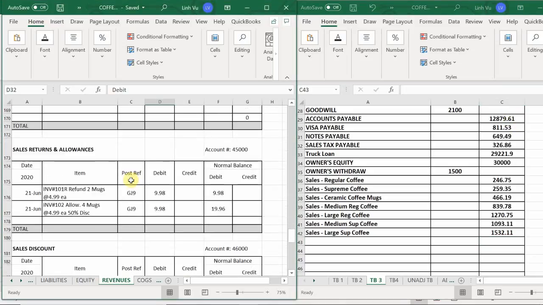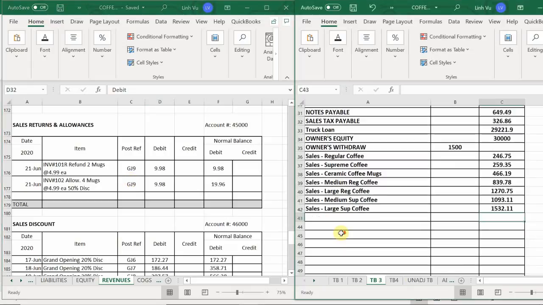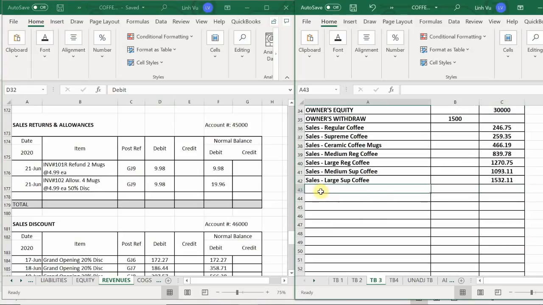Okay, all we're doing is just transferring the information over into a table. So we had some sales returns and allowances. Okay. So that was a debit for $19.96.